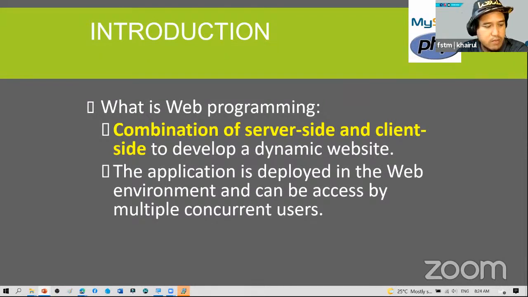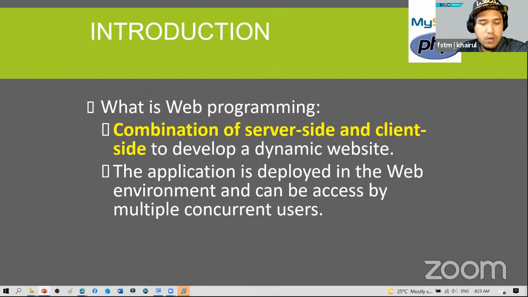So previously you learned about HTML. That is one of the client tools. Why do we use HTML? Because HTML is a universal markup language that can be interpreted by all the browsers in the world.